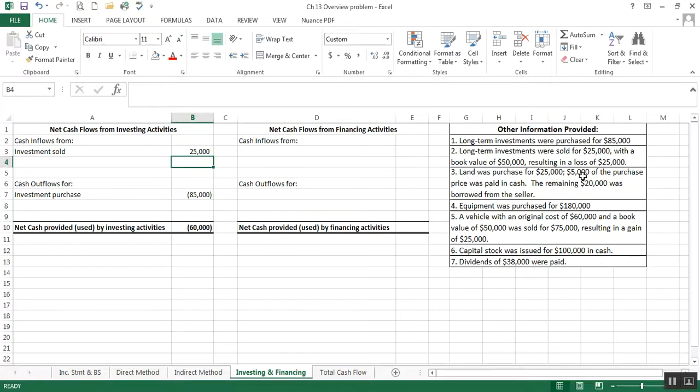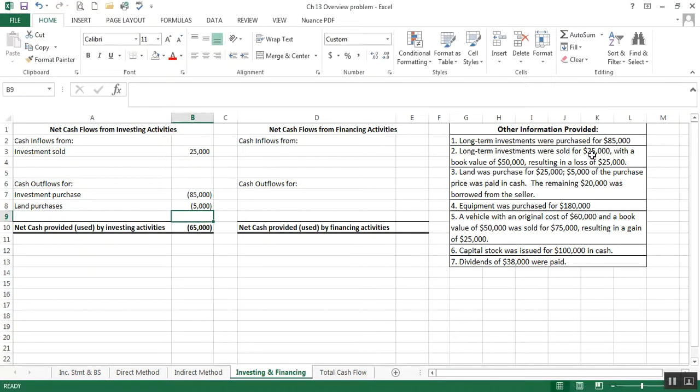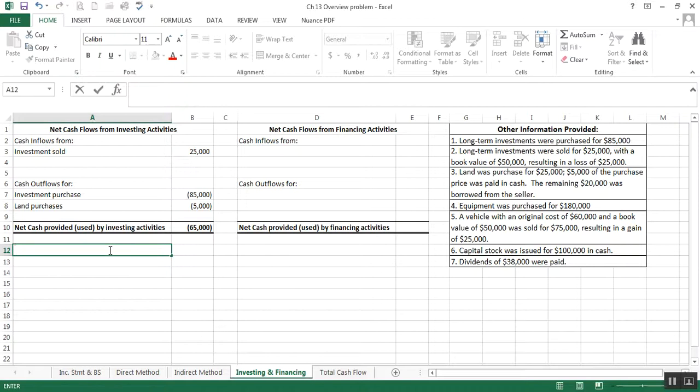Now we purchased land for $25,000. $5,000 of the purchase was paid in cash. The remaining $20,000 was borrowed from the seller. Well, we made a purchase, that's money outgoes, so land purchased is going to be an outflow of $5,000. That means that we paid $5,000 for it. The remaining $20,000 is going to be a non-cash supplemental disclosure. So we need to say purchased land for $20,000.